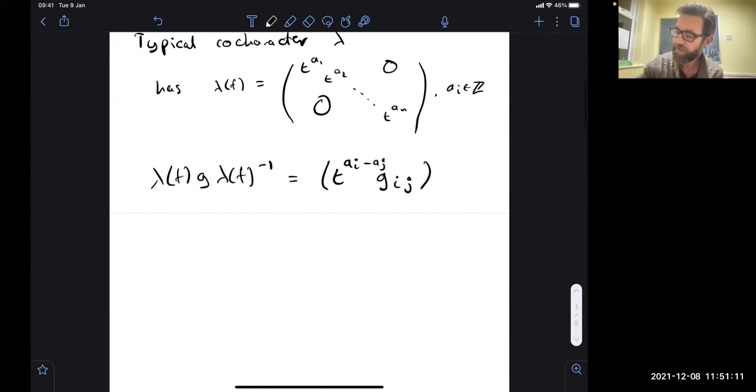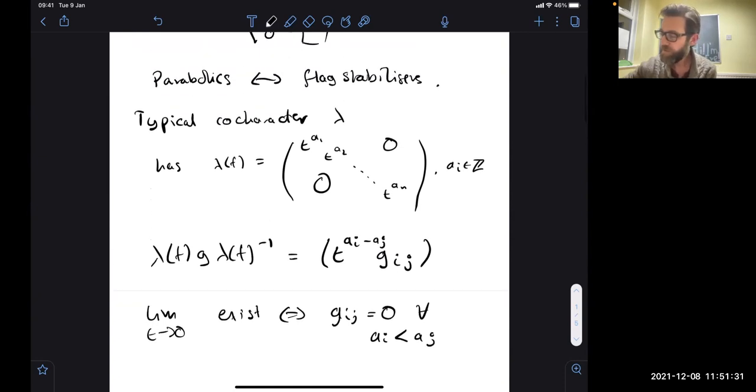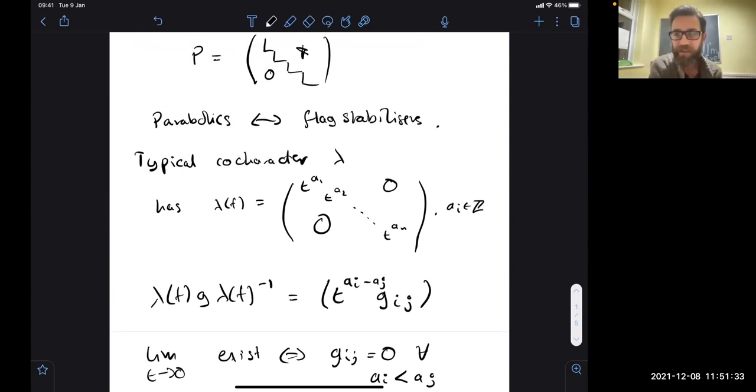So the limit is going to exist if and only if g_ij equals 0 for all i and j with a_i less than a_j. Then you see how I can retrieve a parabolic subgroup of the form at the top of the page from a cocharacter.